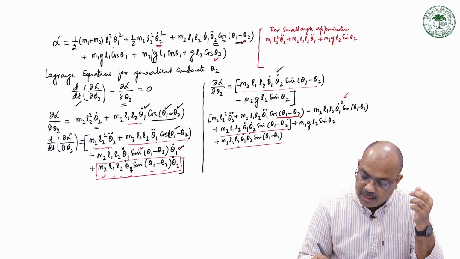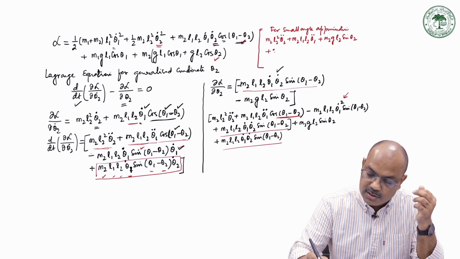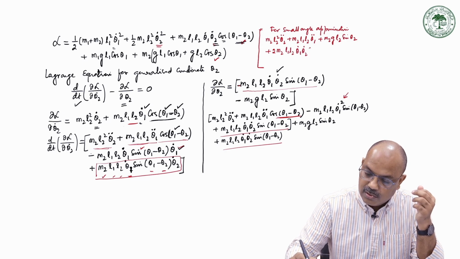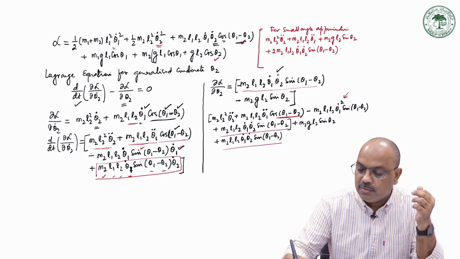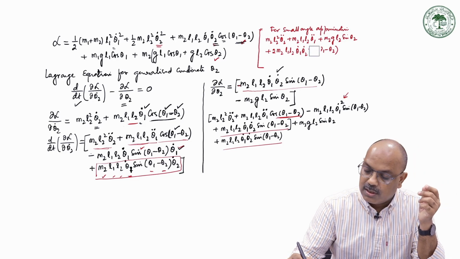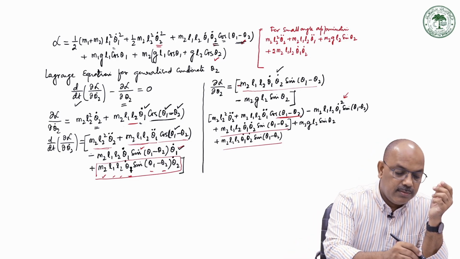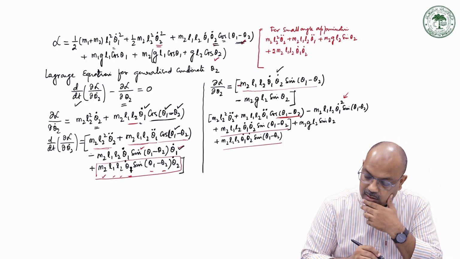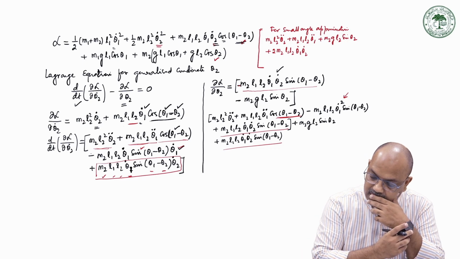And now what I'm going to have is twice m2 L1 L2 theta 1 dot theta 2 dot, I have sine theta 1 minus theta 2, or say when I'm doing a small angle approximation, this sine theta is going to be, it must cancel out.